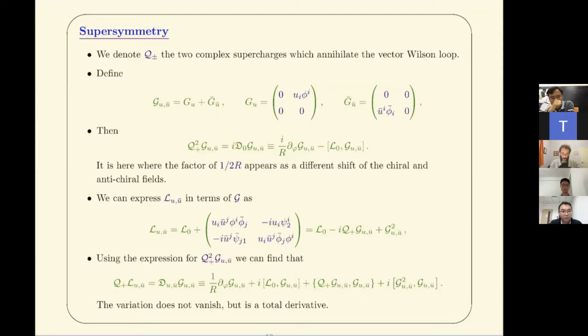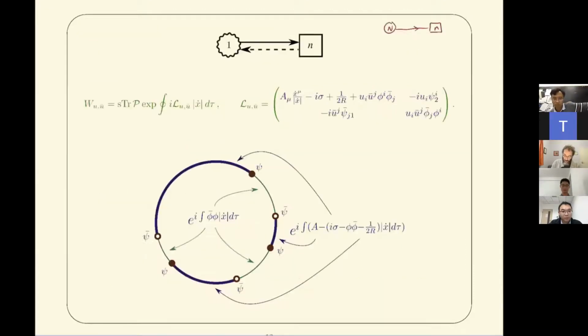But if you check how it acts on these fields, the exact field realization of these Q in the off-shell supersymmetry, you get an extra term, which is the commutator of L naught with this curly G. Now remember, L naught included this piece in it.